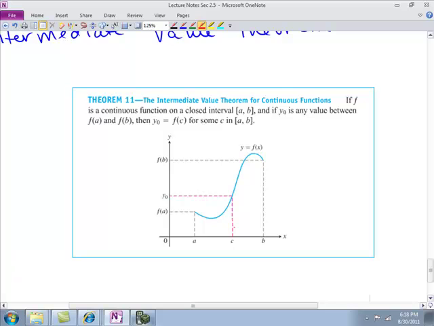It's saying in between these, if it's continuous, for any y value you pick here, it's going to be tied with an x value here. That's what that means. Okay?